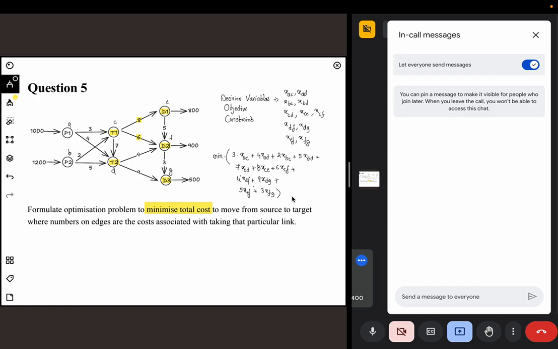So I'll take one node. Let's say we take P1. At P1, what should I write? What is incoming at P1? No, that is fine. But the cost. So sorry, not the cost. How should I put it? So when we were discussing, how did we define this problem?